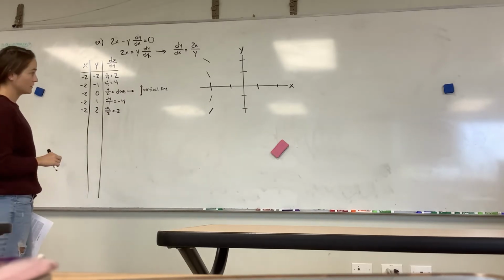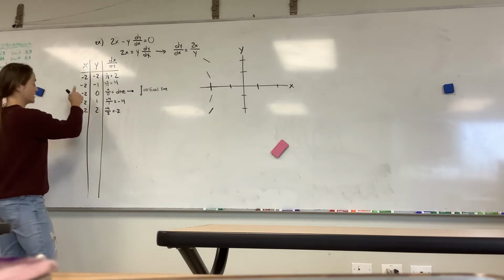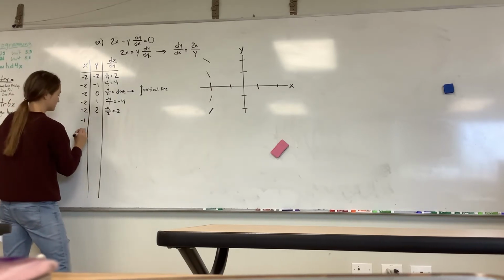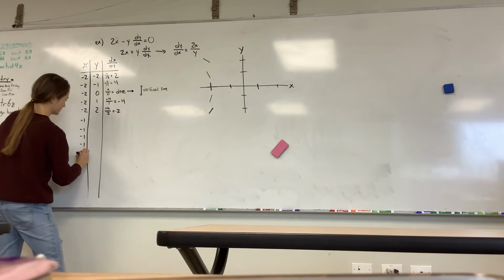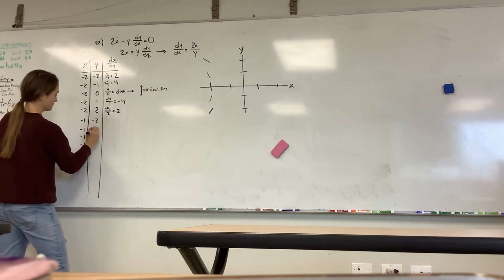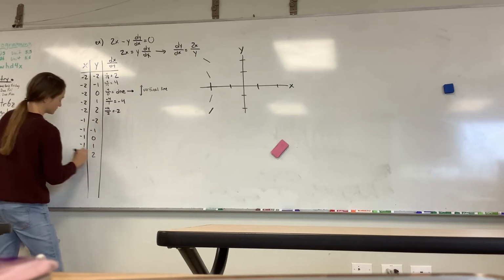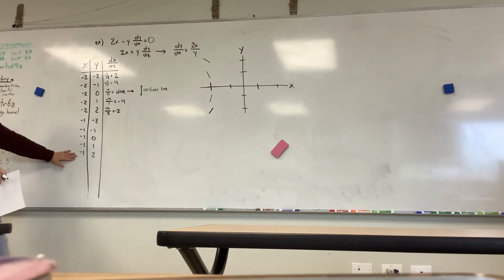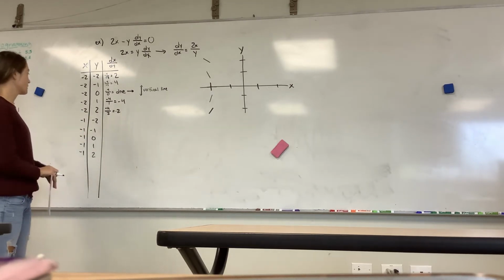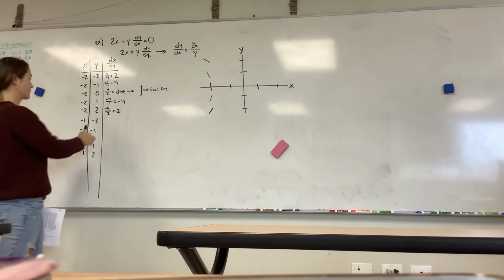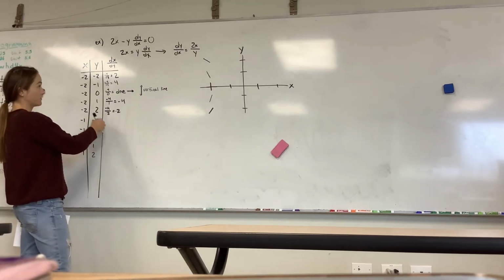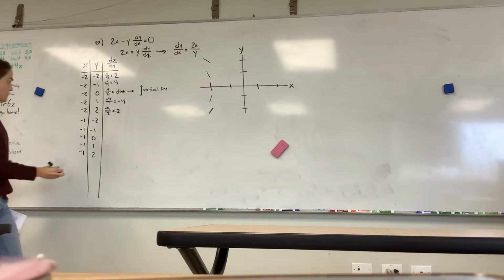Let's go ahead and do values for my -1s. So now I'm just going to do all my x equals -1s and fill in all my y's there. So if x equals -1, my top, for this situation, my top will always be a -2.